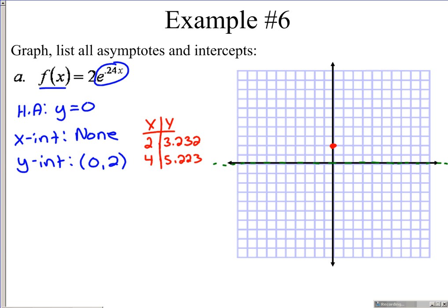And plot those points. 2, up a little more than 3, and 4, up a little more than 5. You can see from this that you can barely start seeing the curve beginning here. We know that this curve eventually has to approach this asymptote line and pass through those points.